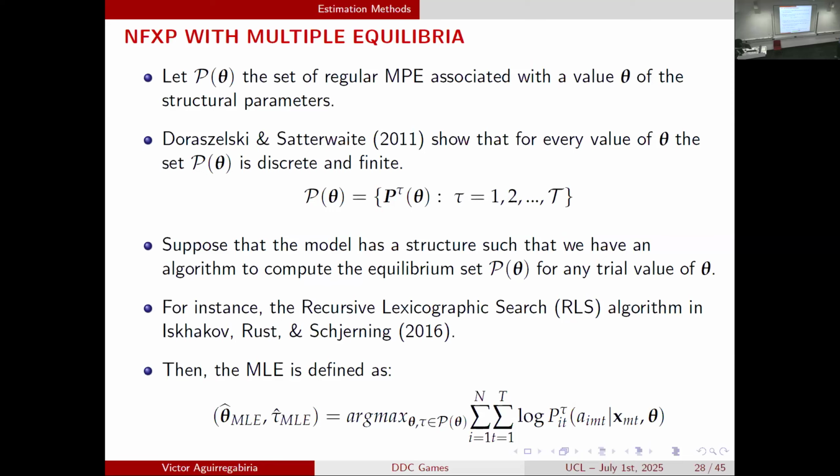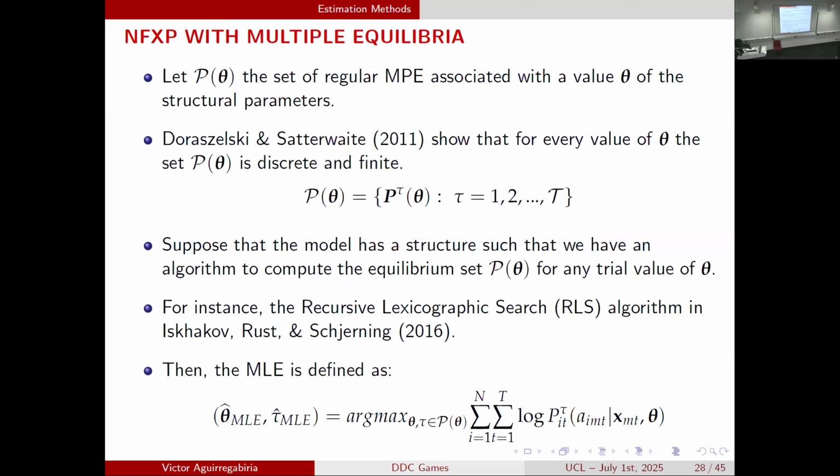Then Doraszewski and Satterthwaite, in a paper in Theoretical Economics in 2011, showed that this class of models generically has, for every value of theta, a finite number of Markov perfect equilibria. And we can count the number of equilibria that they can have.